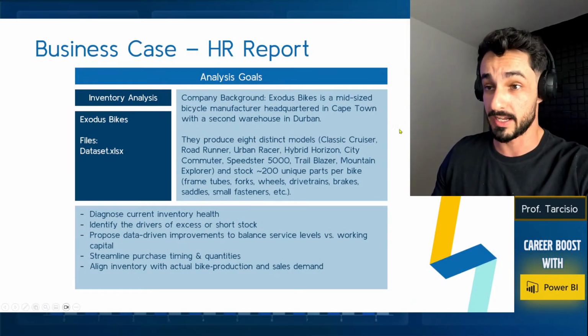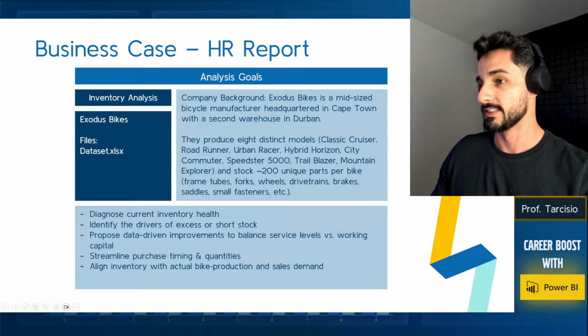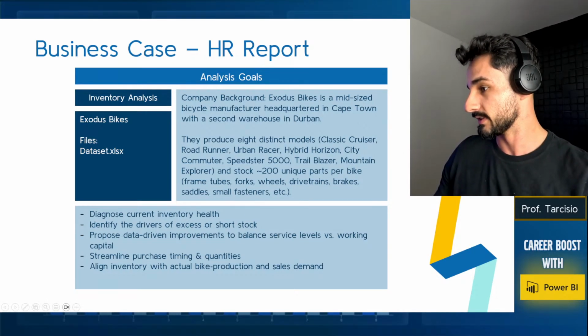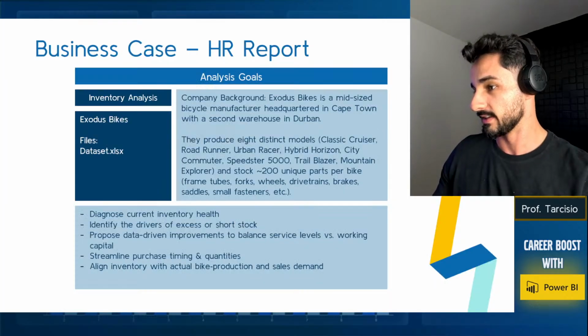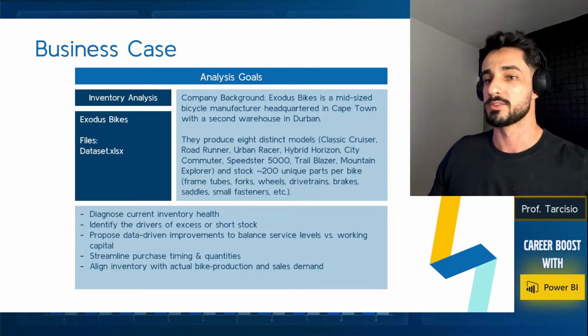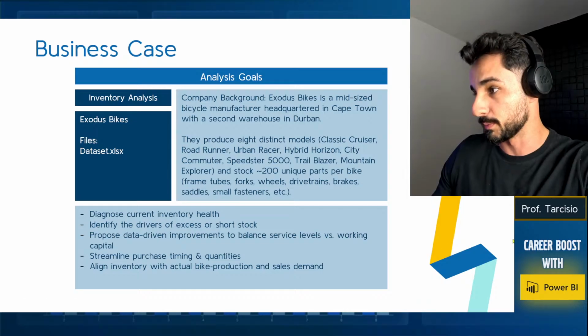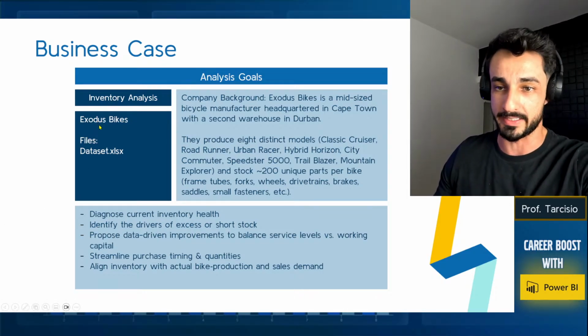So we have this. Let me change one thing here. One second. Perfect. So we have this inventory analysis for this company called Exodus Bikes, okay?